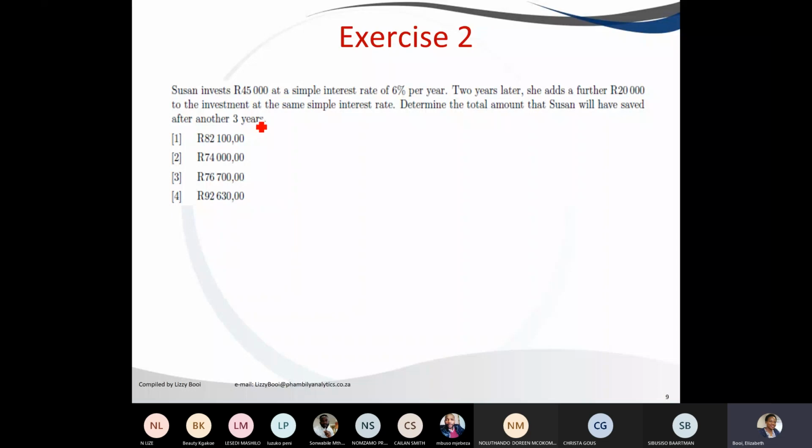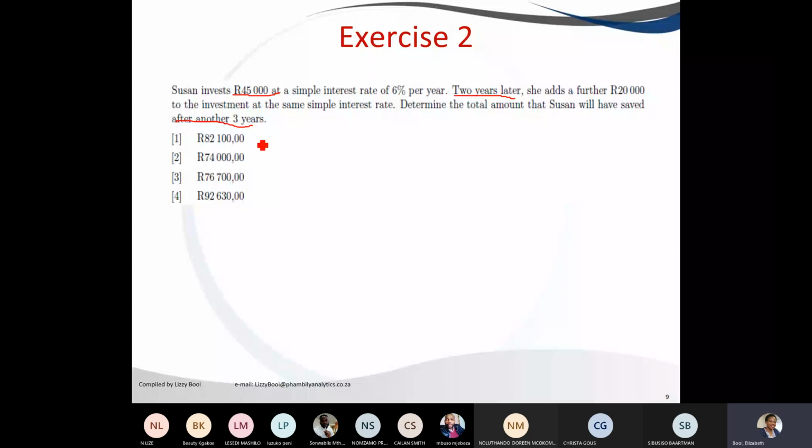We assume that one has been running for 2 years before she added the new one. And if after 2 years we add another 3 years, therefore it will be 5 years in total. So the period for the first one will be 5 years at 6% interest rate.